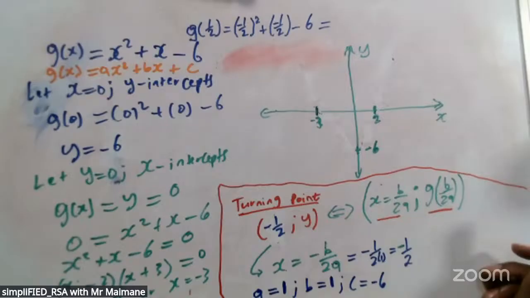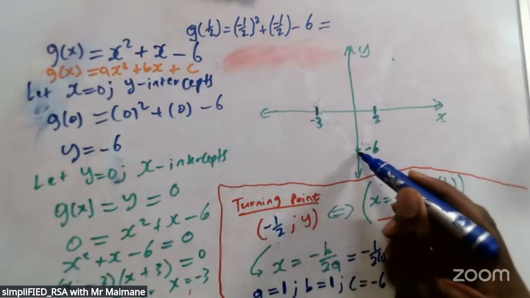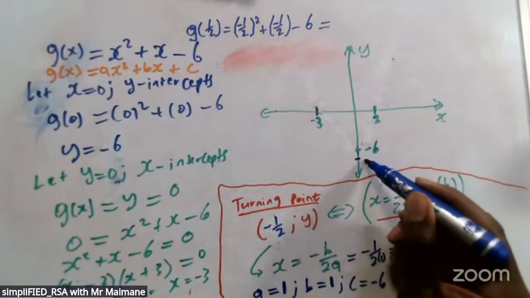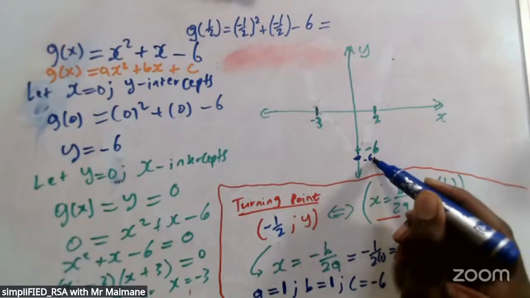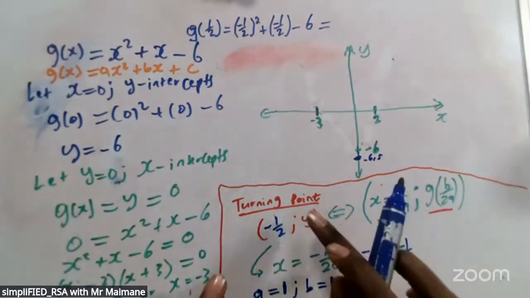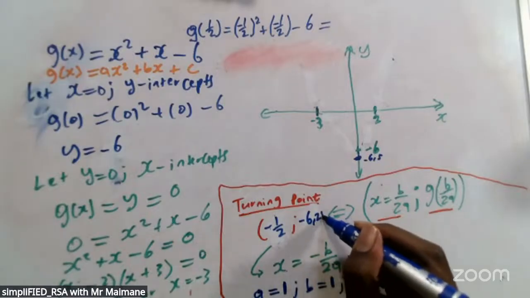Negative 6.25. So it would be somewhere just below, somewhere here, so we can call it negative 6.25. And then that's our turning point: negative half and negative 6.25.